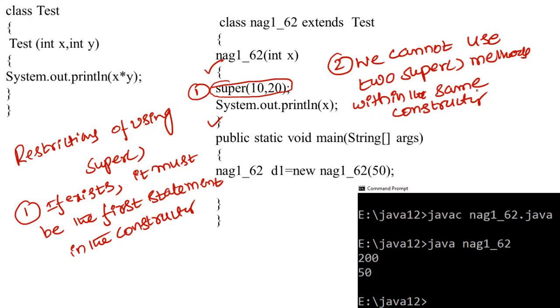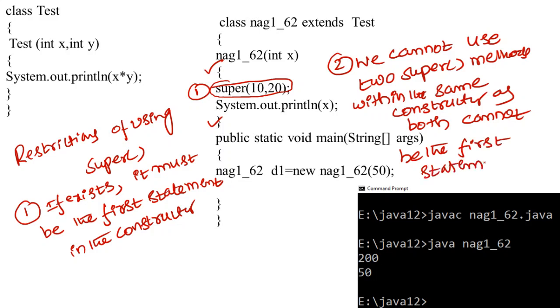We cannot use two super methods within the same constructor as both cannot be the first statements. We were saying that the super method must be the first statement.